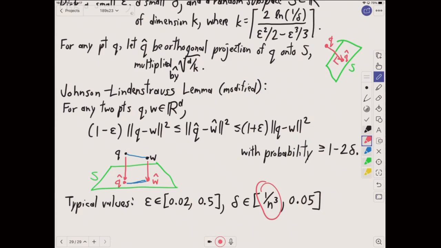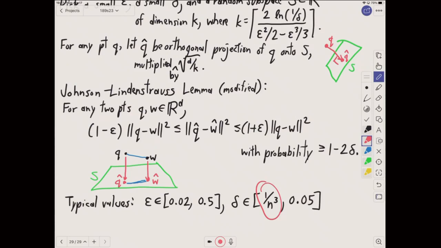A very common thing that people choose, at least in theory, for the value of delta is 1 over n squared. The reason for 1 over n squared is that there are a lot of algorithms that care about the distances between the sample points. N is the number of sample points.